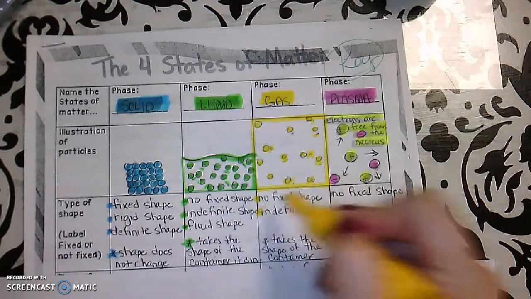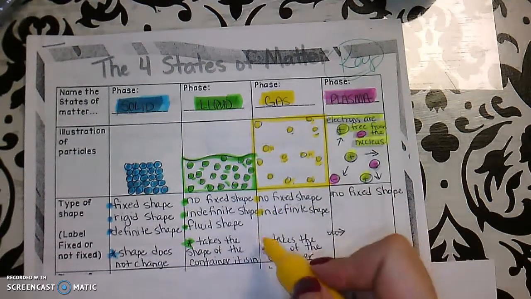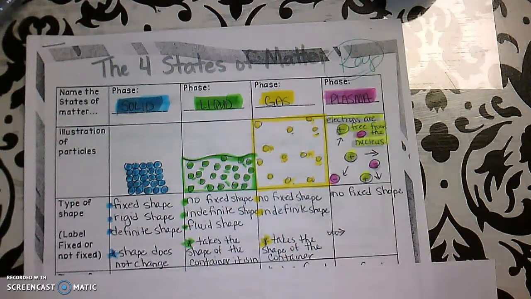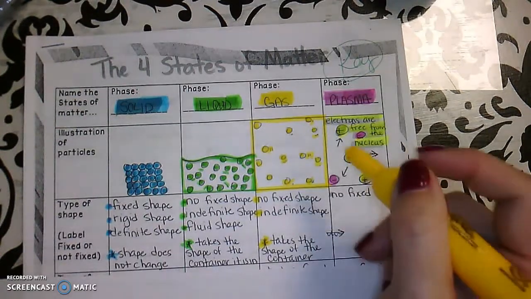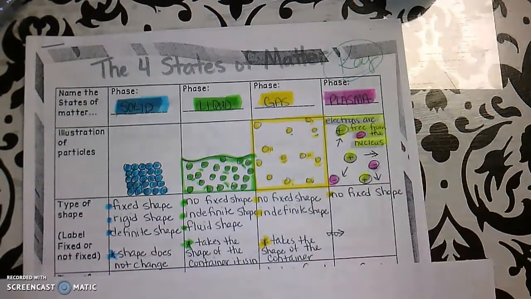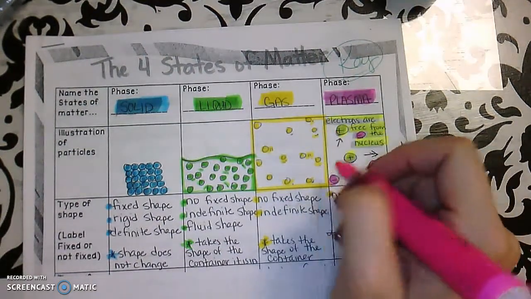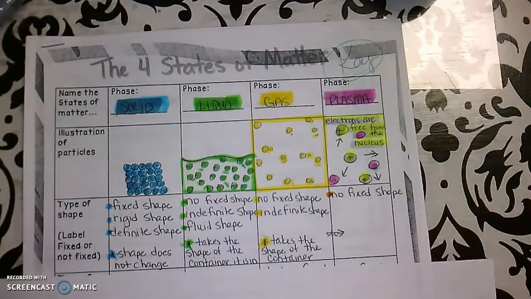It has an indefinite shape as well. It takes the shape of the container. It's going to even expand or contract to fit the container. And that's going to be the same for plasma. Make that pink actually. Okay, the same for plasma.